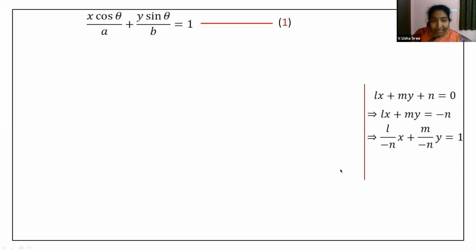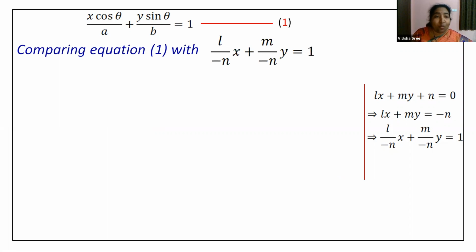So on comparison of this line with equation 1, what will be the value of cos theta by a? Just compare, children. You have it as cos theta by a into x. Here you have L by minus n into x. So L by minus n should be equal to cos theta by a. Likewise, sin theta by b can be taken as m by minus n.